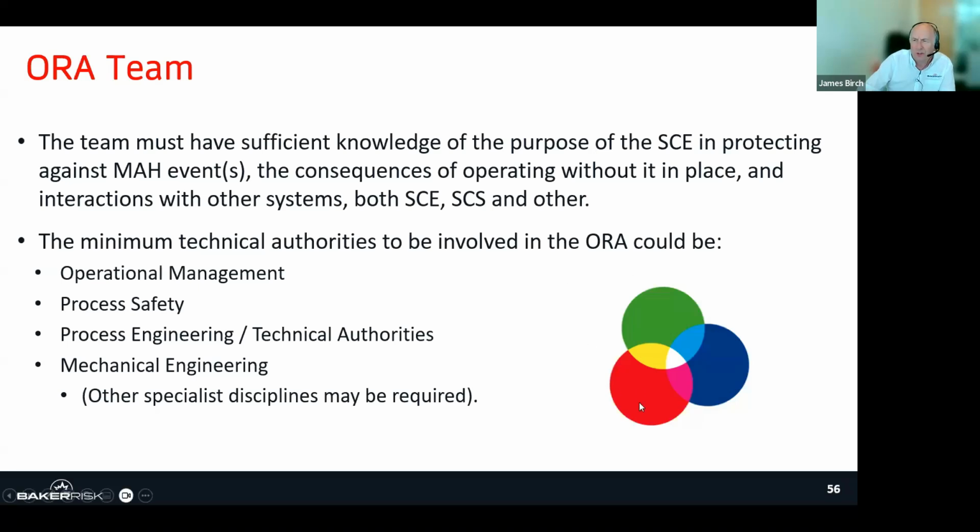And what I'm trying to illustrate with the little picture of the three circles there is that when you bring everything together, in the very center, you get one color, you get white, which is all the information. To try and make these decisions without the right people, without the right knowledge, is risky.